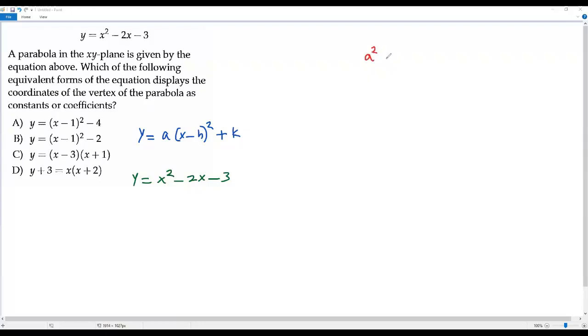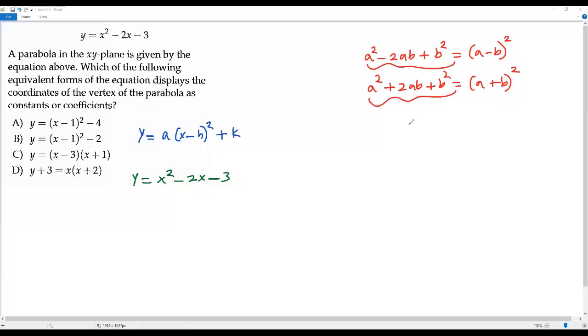That is, a squared minus 2ab plus b squared equals (a minus b) the whole squared, and a squared plus 2ab plus b squared equals (a plus b) the whole squared. Here we have a trinomial on the left side of these two identities, and these two trinomials are called perfect square trinomials, because each trinomial can be written as the square of a binomial.